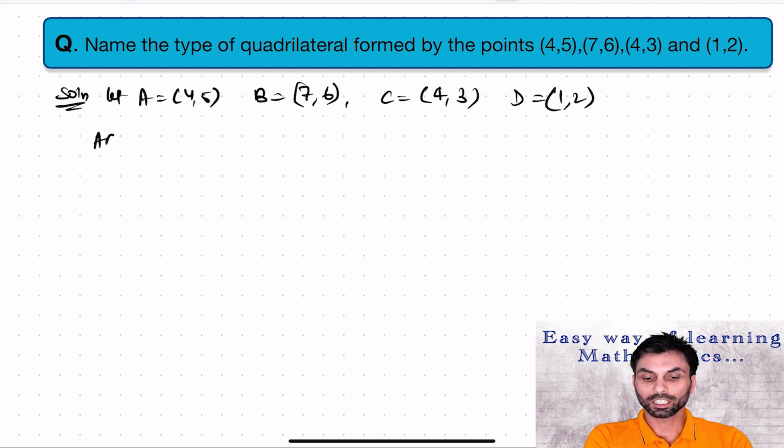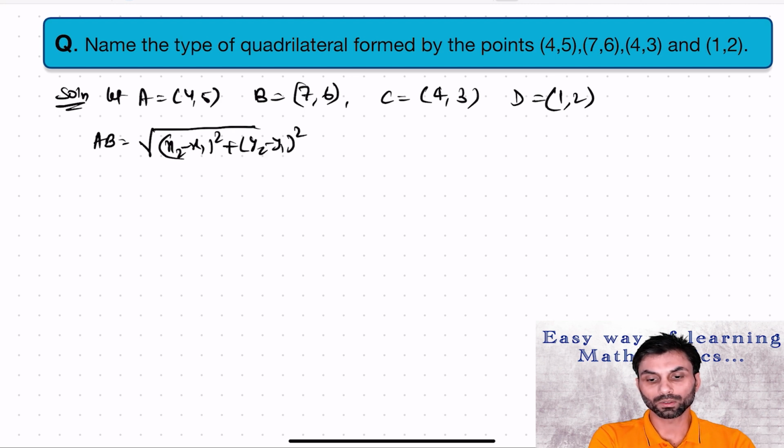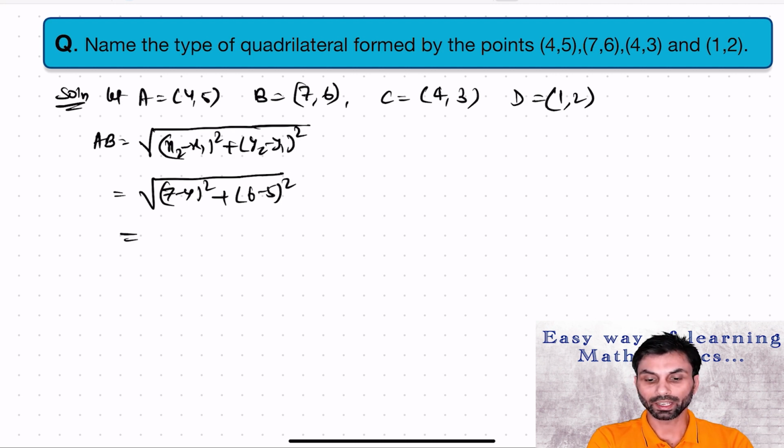If I use the distance formula, AB is the square root of (x2 minus x1) whole square plus (y2 minus y1) whole square. We can write the value of AB as (7 minus 4) whole square plus (6 minus 5) whole square, which equals the square root of 9 plus 1, which is root 10.